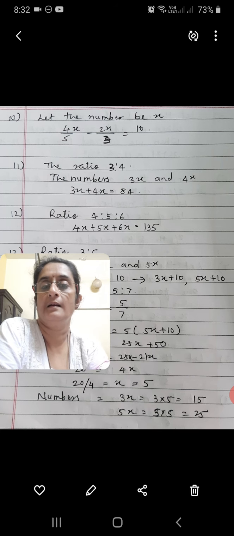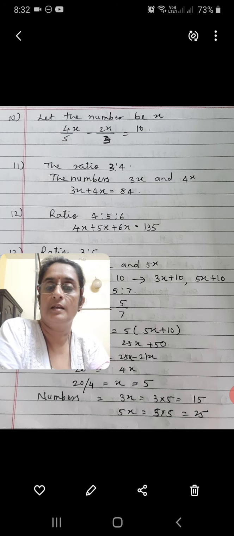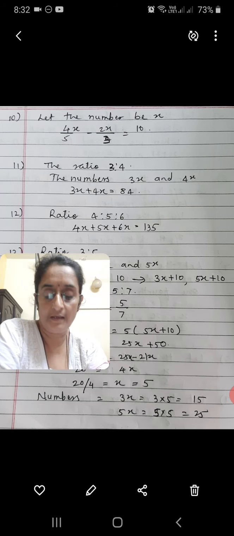If you subtract 2x upon 3 from 4x upon 5, you will get 10. So the equation will be 4x upon 5 minus 2x upon 3 equals 10. Solve that equation, you will get that particular number.